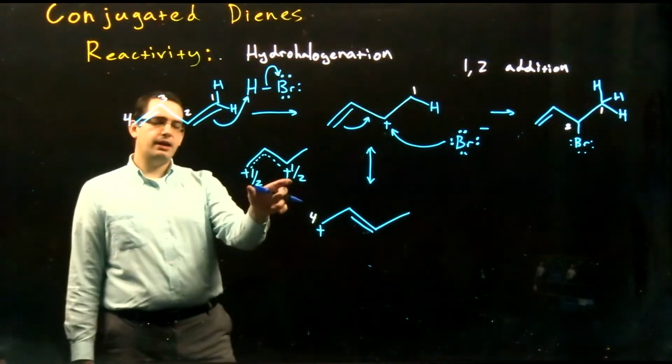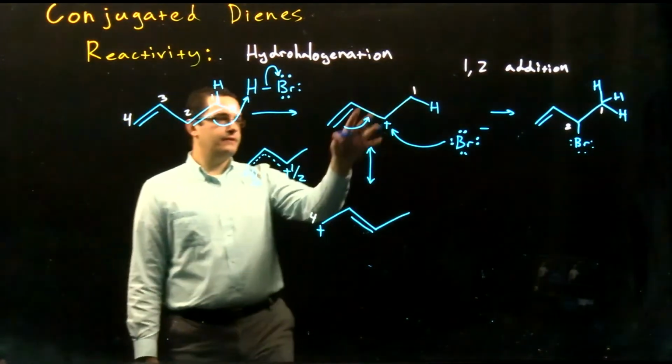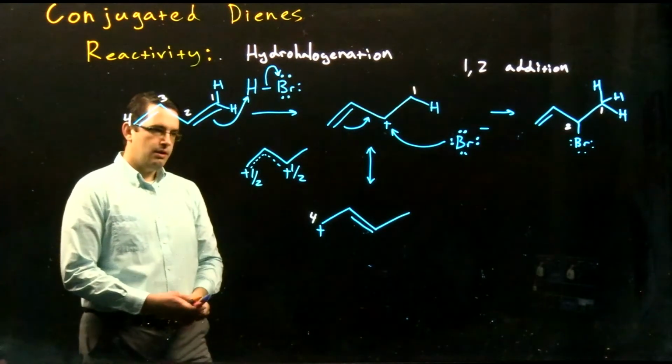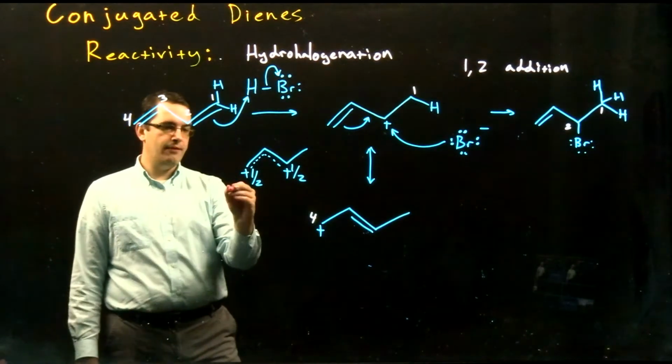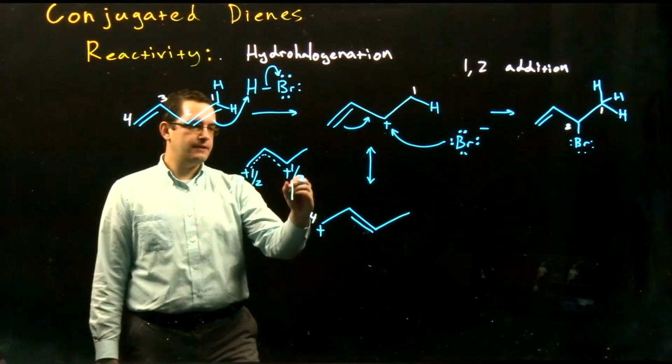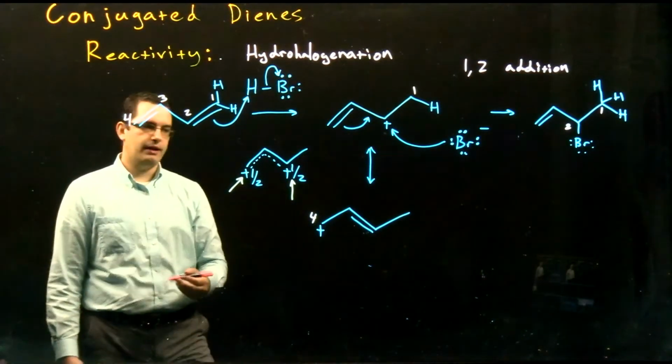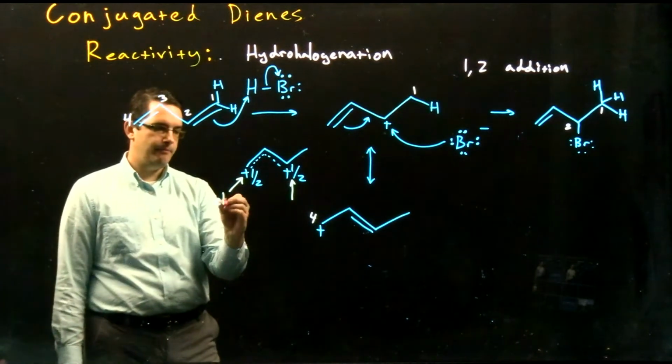Now, of course, as we look at our resonance hybrid, and as we look at these two different contributors to our resonance hybrid, you should note that we have two different sites with positive charge that would both be electrophilic sites.